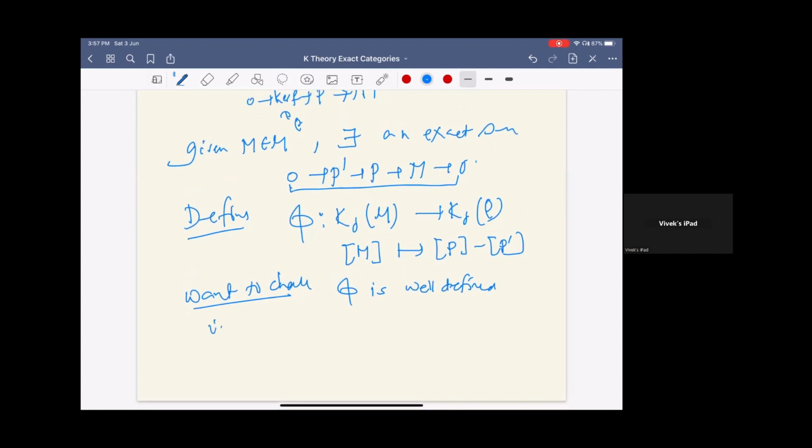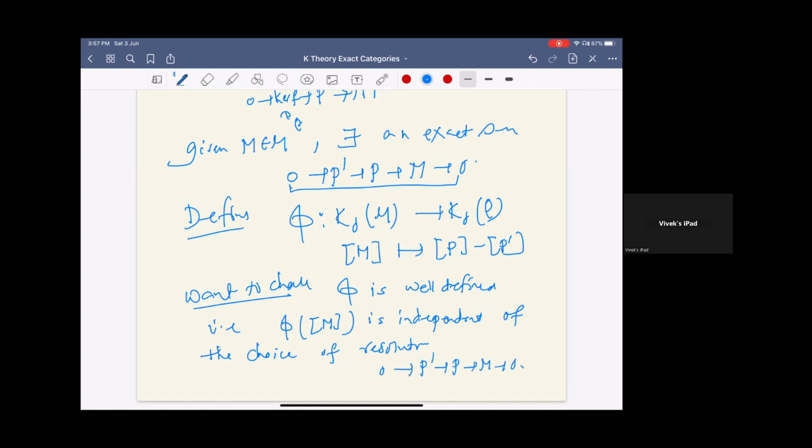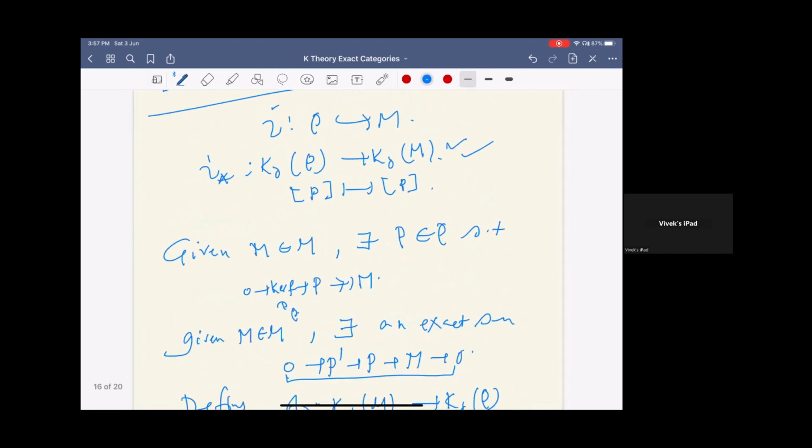So that means we have to check P minus P prime of M is independent of the choice of resolution. Because given any object M, you may get another resolution, right? Q prime, Q and Q of M. So we have to check that it must be independent of the choice of resolution. So that is the more technical part.